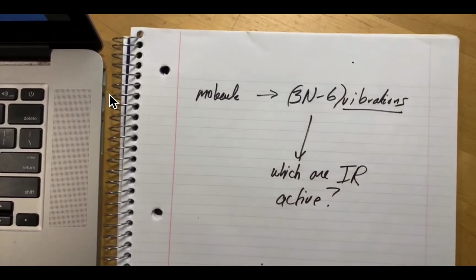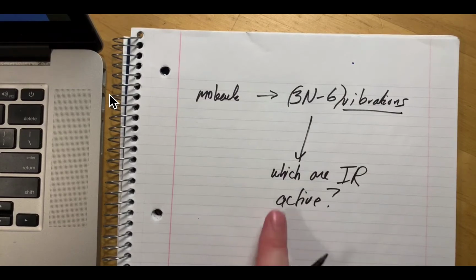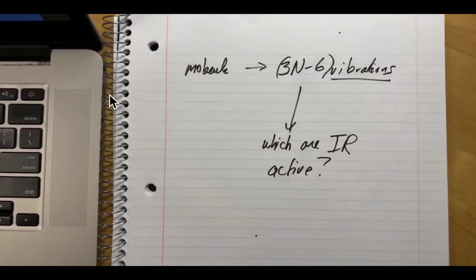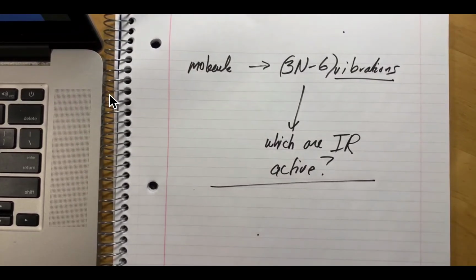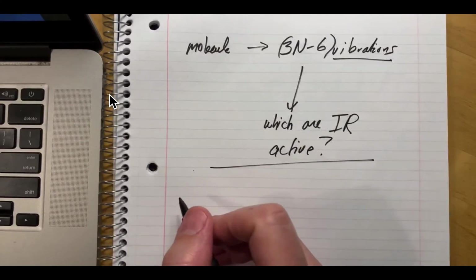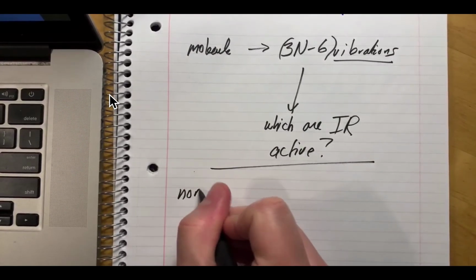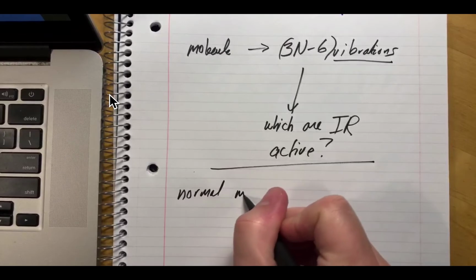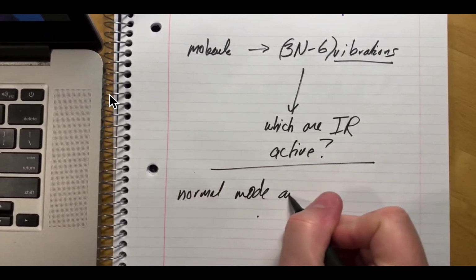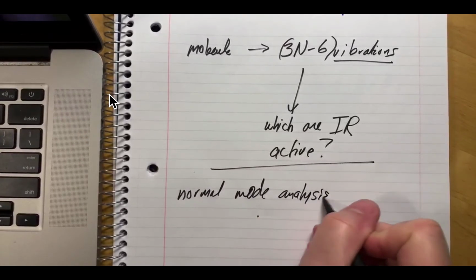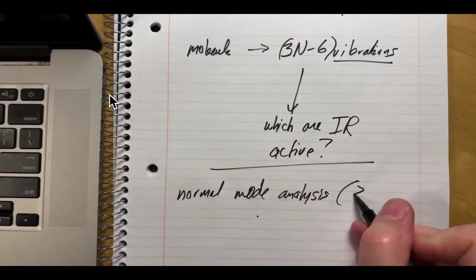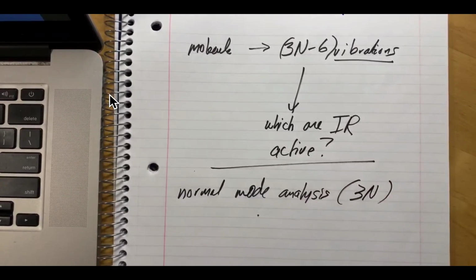We can go through just using the symmetry of the molecule and figure out which of those vibrations are infrared active. To do this, we do what's called a normal mode analysis. This is one way of calling it. Also sometimes called a 3N analysis.